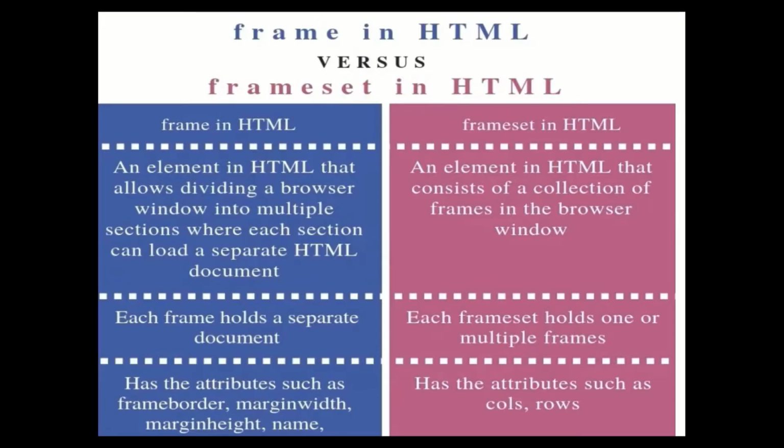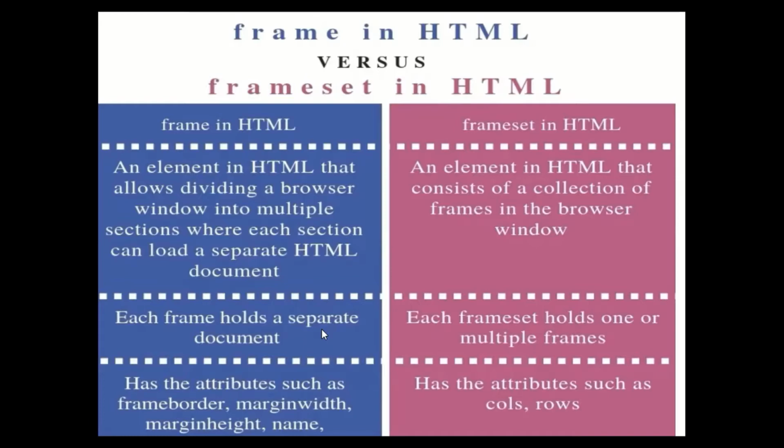Frames have attributes such as frameborder, marginwidth, marginheight, name, etc., whereas frameset has attributes like rows and cols.